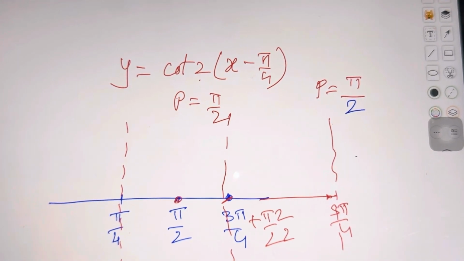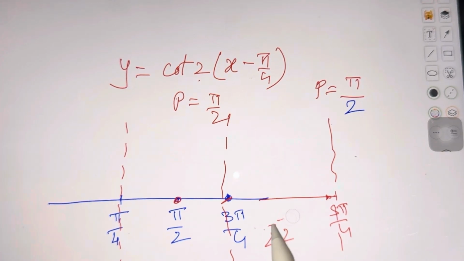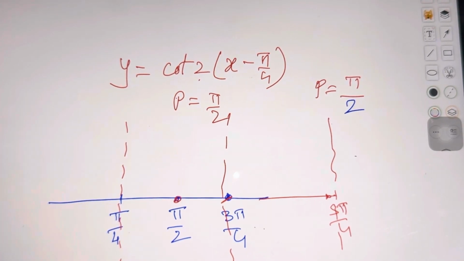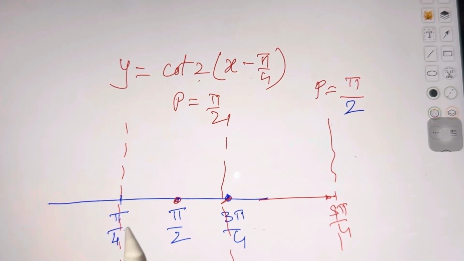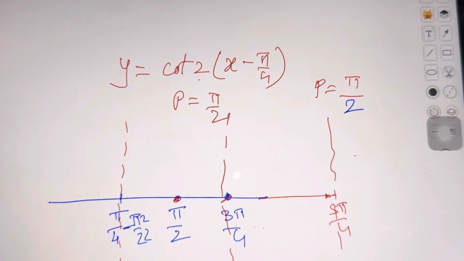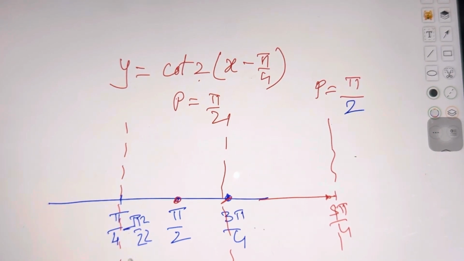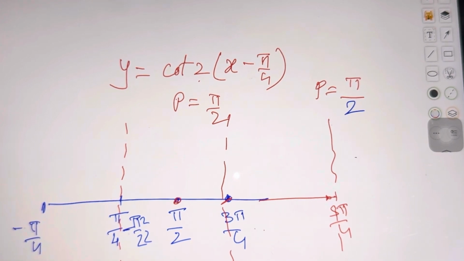If you want a negative asymptote on the left side, you can subtract. From this asymptote, I will subtract pi by 2, which will be negative pi by 4.